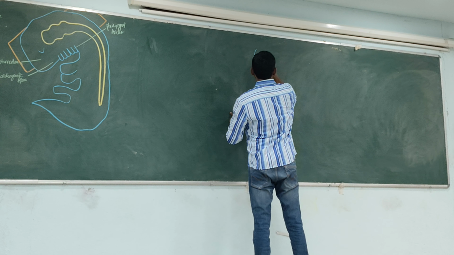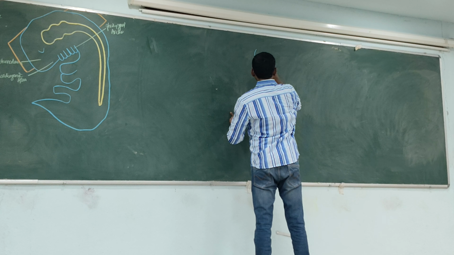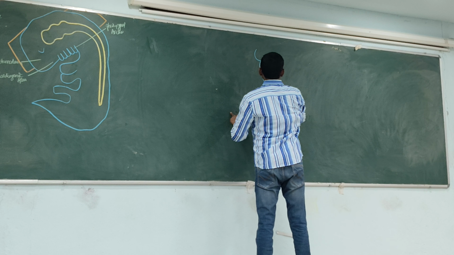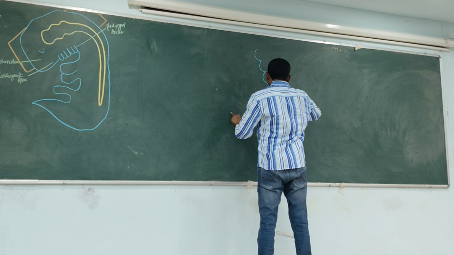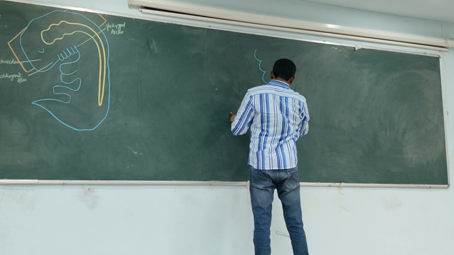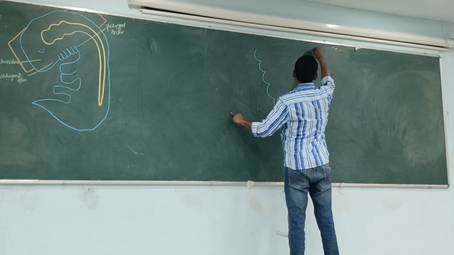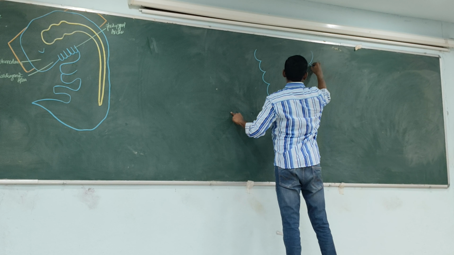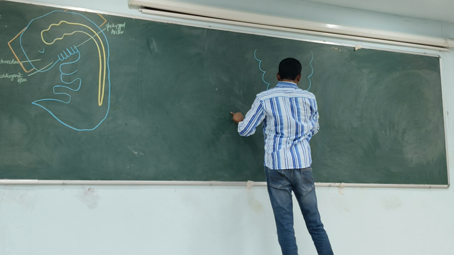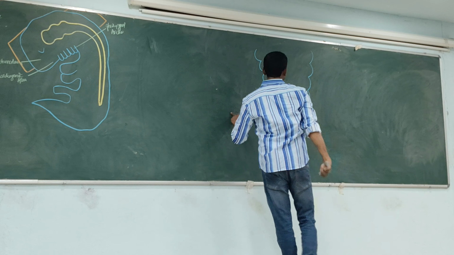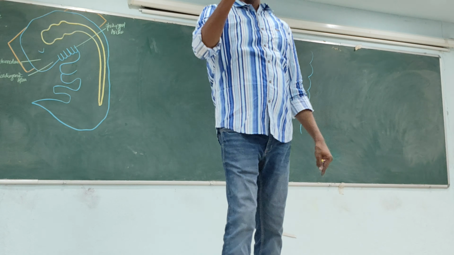See, now I am just drawing the pharyngeal arches. Please observe carefully what I am doing here. These arches are first, second, third, fourth, sixth. Like this. I will do some painting here. This is the first, second, third, fourth. These are the pharyngeal arches, but I have drawn only the outer line, right?